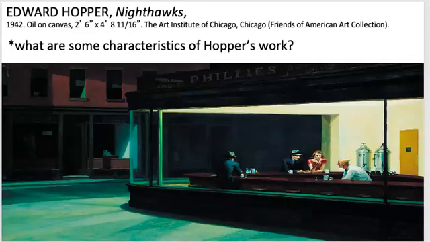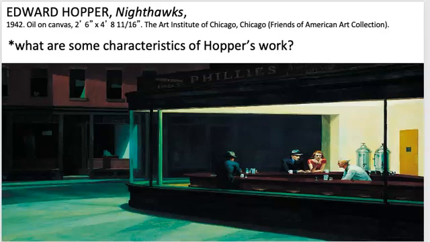Also around this time, this painting's from 1942, Edward Hopper, definitely an artist that I'm sure you've seen a lot of lately with our whole social isolation, right? Because he is the king of social isolation. In 1933, Hopper had a retrospective exhibition at the MoMA.